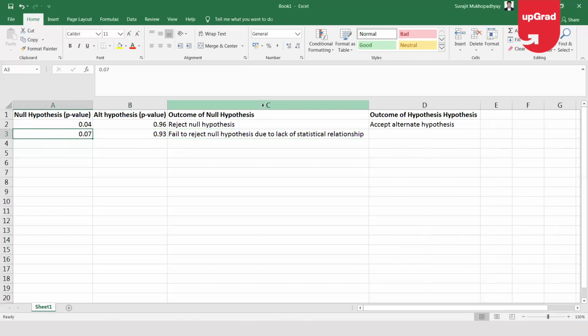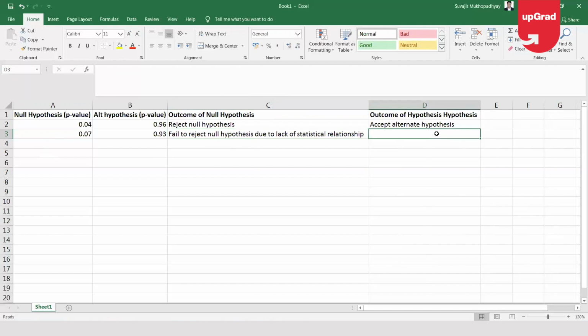Only 7%. So we cannot reject null hypothesis, nor can we accept the null hypothesis either, right? So this is 7%, and we say that fail to reject null hypothesis due to lack of statistical relationship, evidence, whatever.